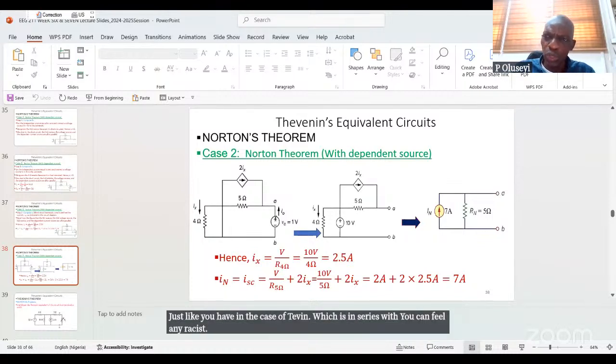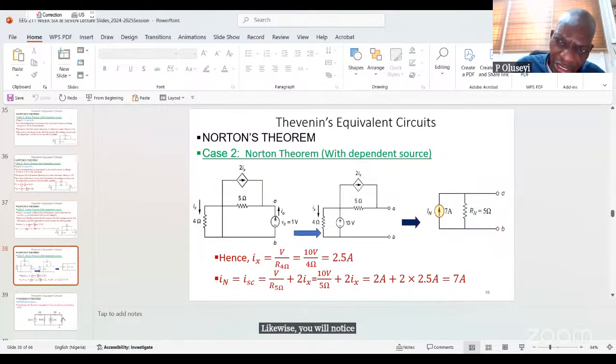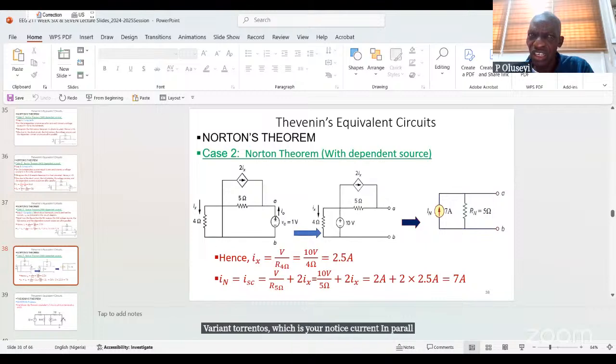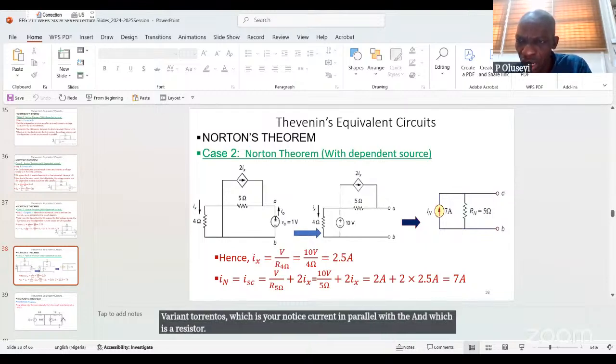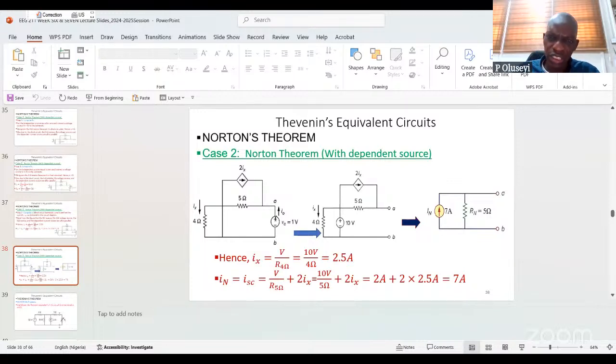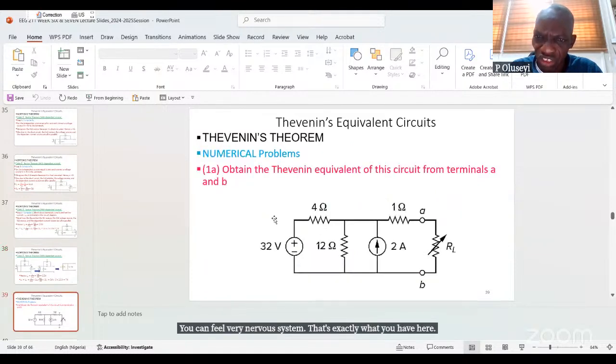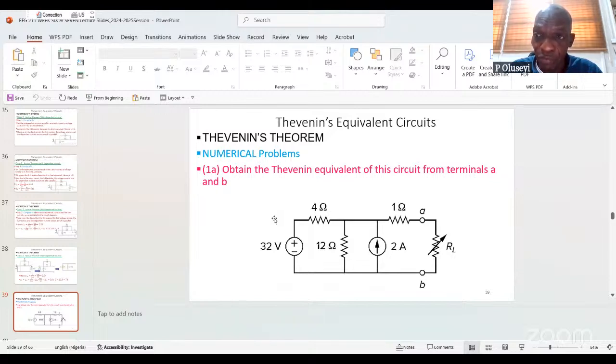Likewise, in Norton's variant, you will have the current source, which is your Norton's current, in parallel with RN, which is your equivalent resistance. That's exactly what you have here. And I want to believe this is very clear enough from the way I have gone from step to step there.